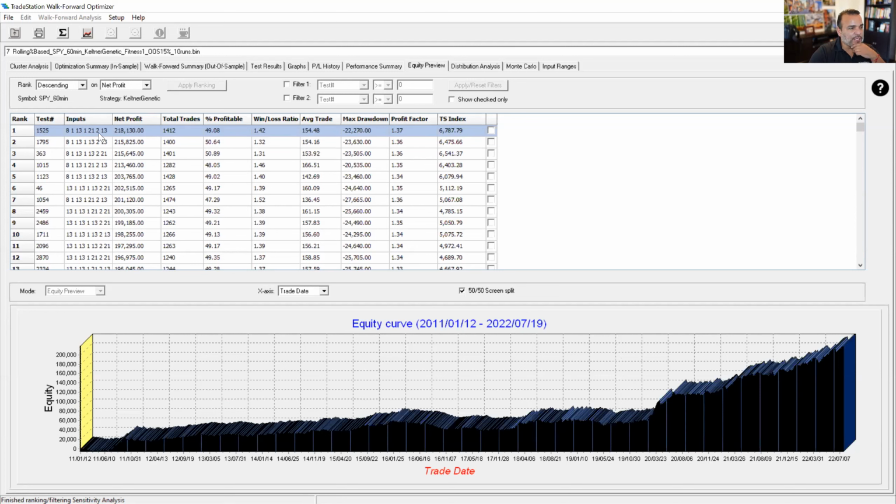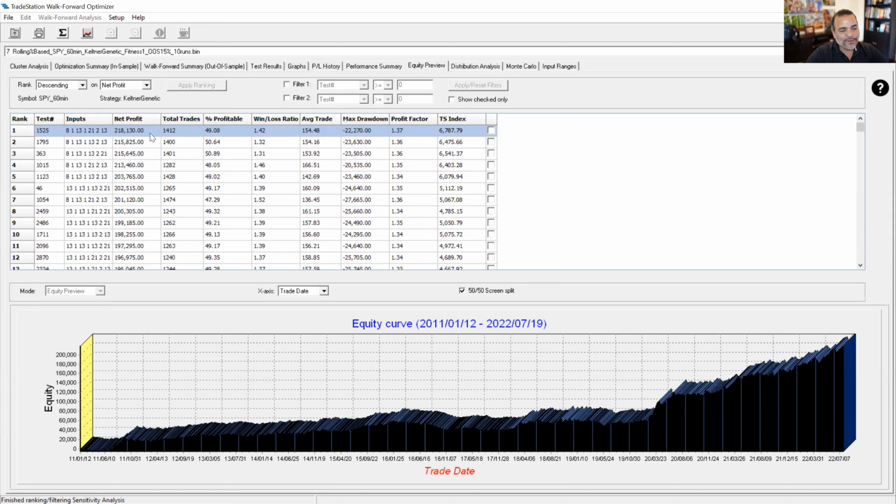It gives you the combination of inputs. And it does give you a little bit more detail as to what's happening inside of the strategy. By the way, this combination of inputs is not the one that was selected as the most robust. If you remember, the numbers are different, but this is giving you everything else. I mean, there was a combination of parameters that provided a net profit of $218,000.